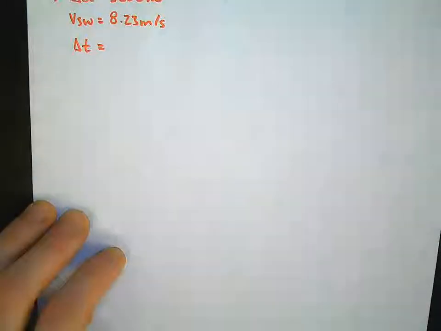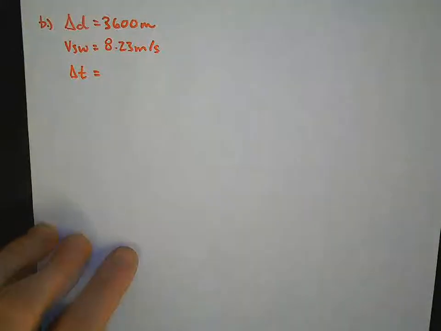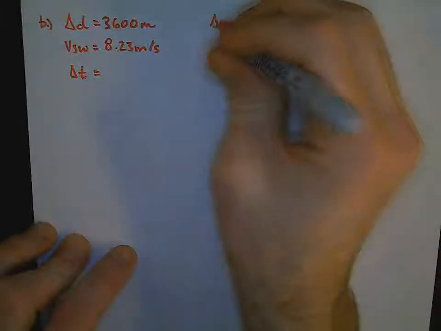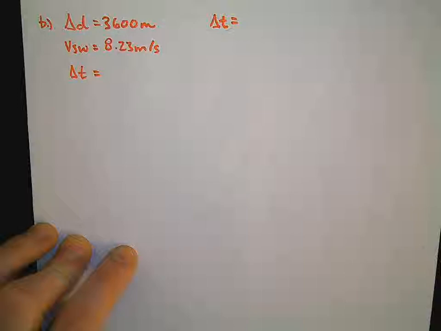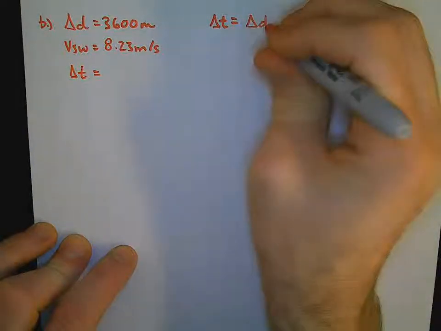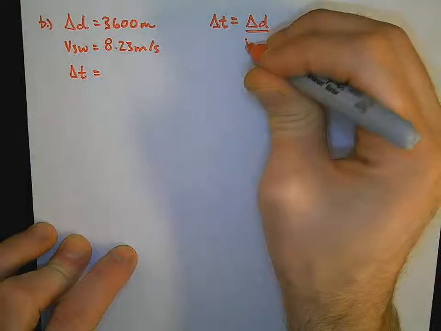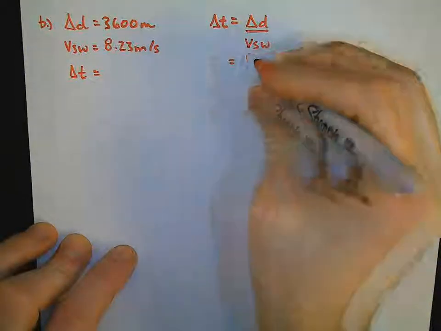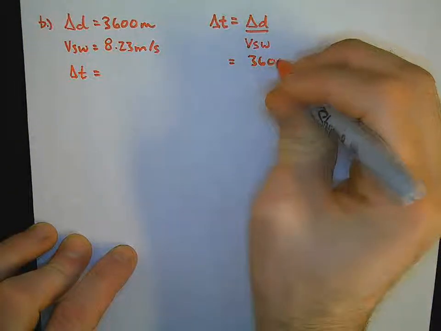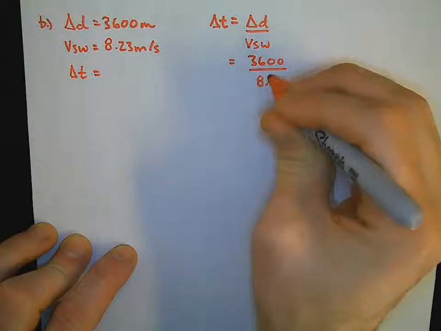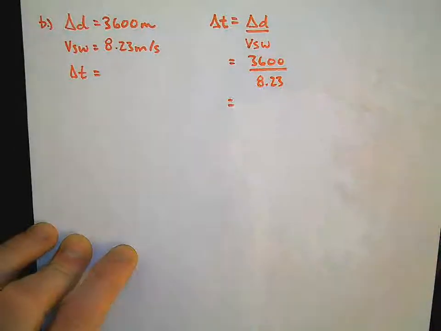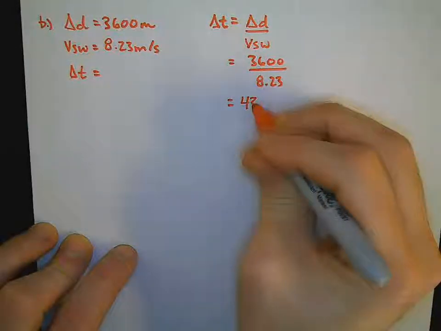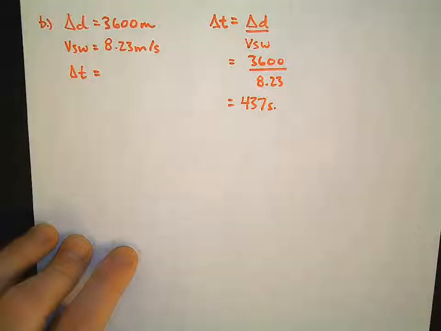How long does this take? So our time will be calculated by taking the displacement over the velocity of our swimmer, or 3,600 meters over 8.23 meters per second. 437 seconds is how long it takes.